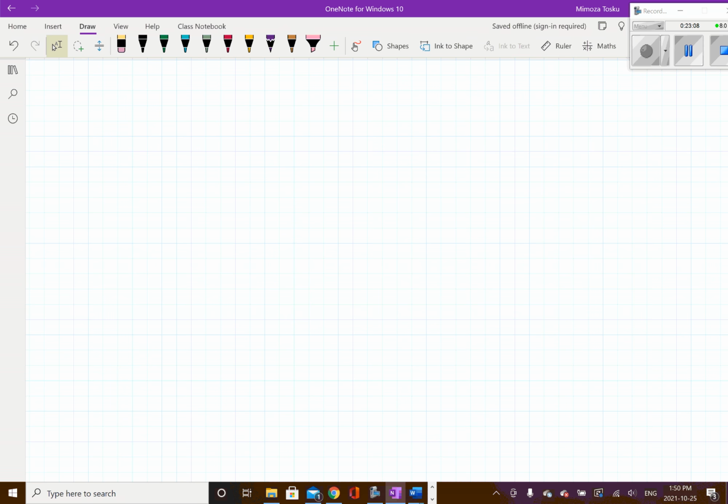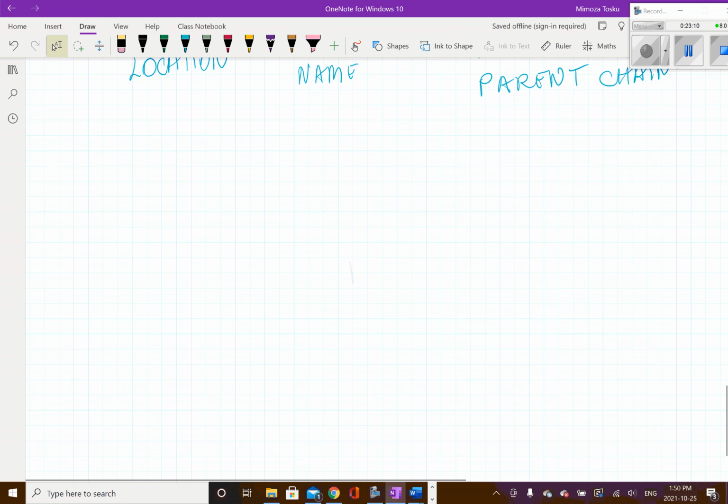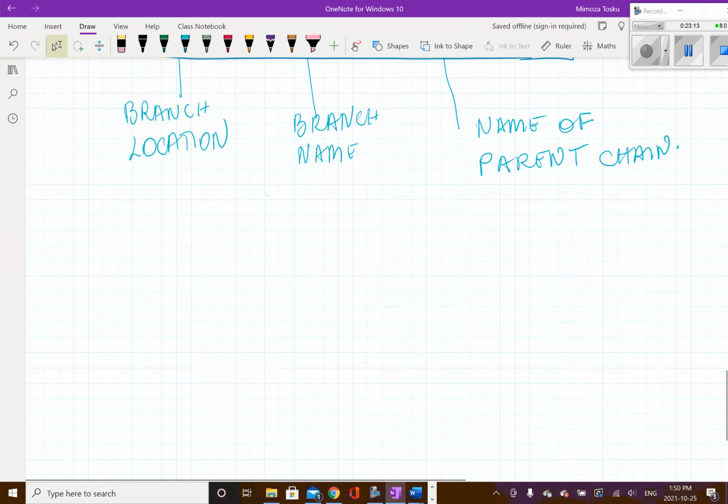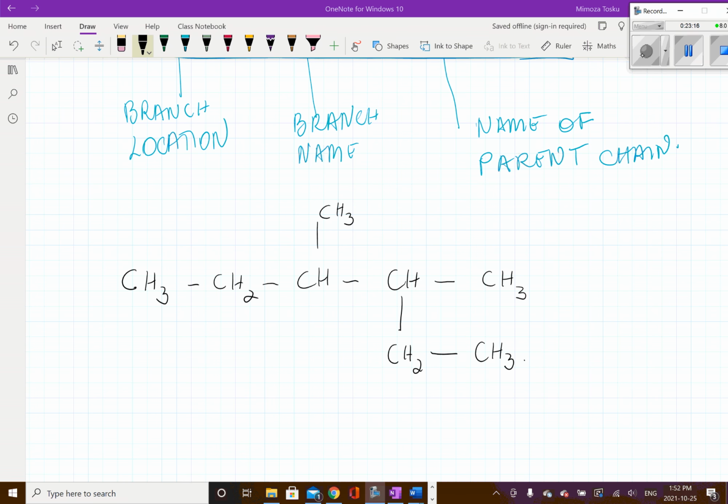We'll see some more examples now. Make sense? So this is the structure that we have. Let's first identify which one is the longest carbon chain.